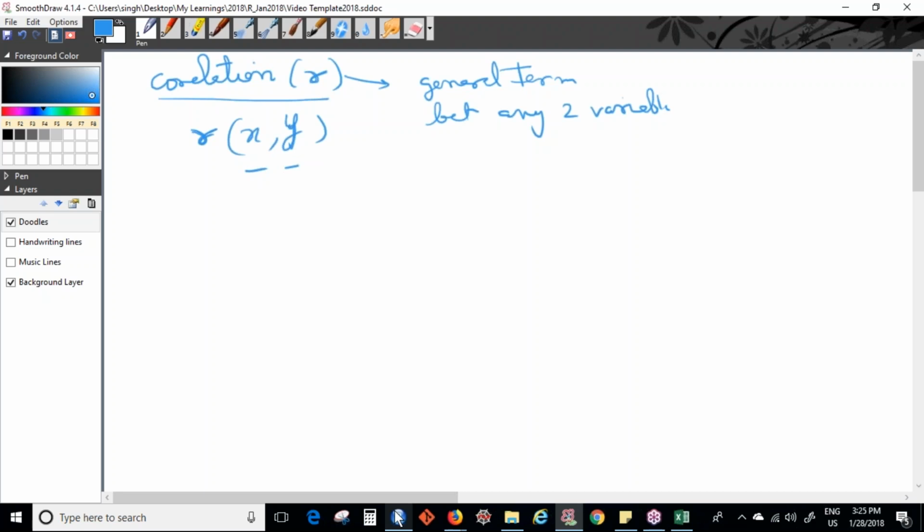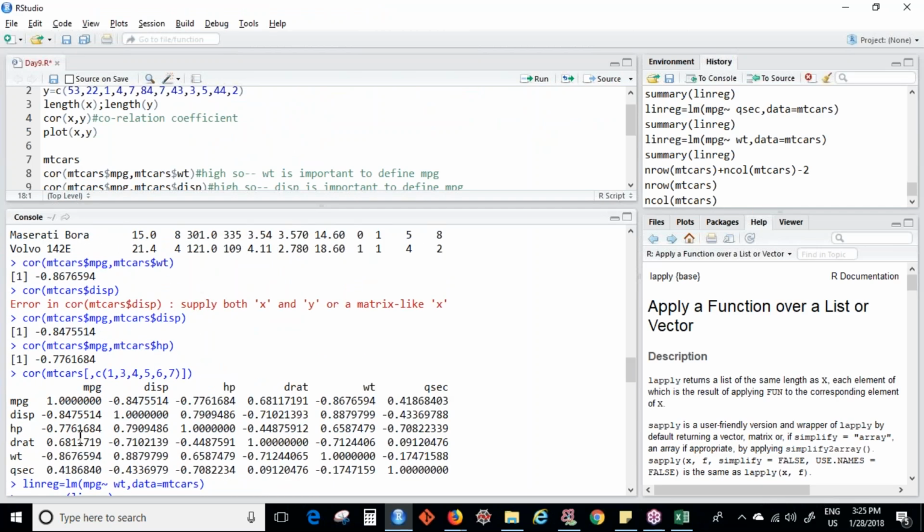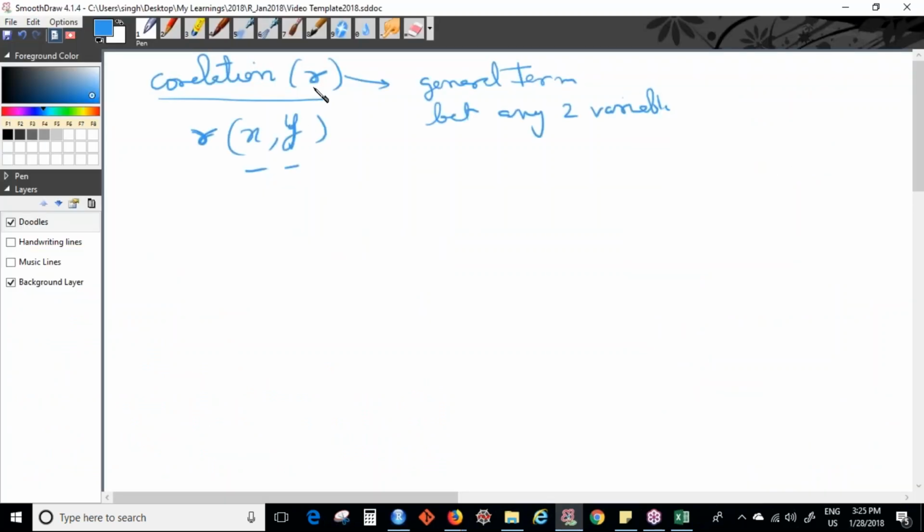That is why in R's output you will see the correlation of two variables at a time. So miles per gallon with miles per gallon, miles per gallon with displacement, and so on. It has to be between two variables. So this is your correlation small r. Now coming to the linear regression model.